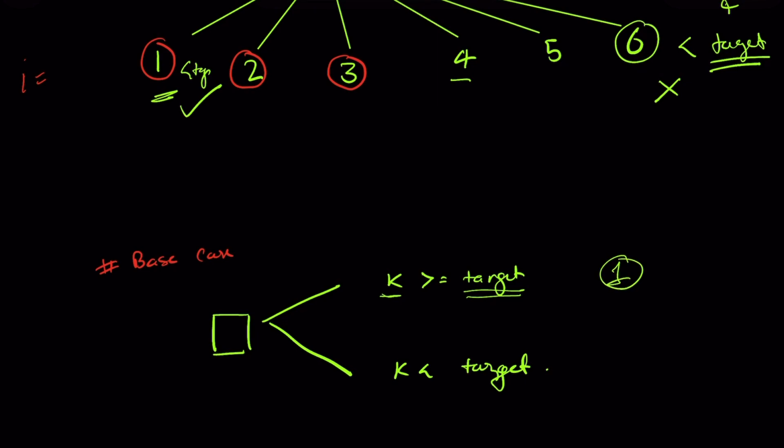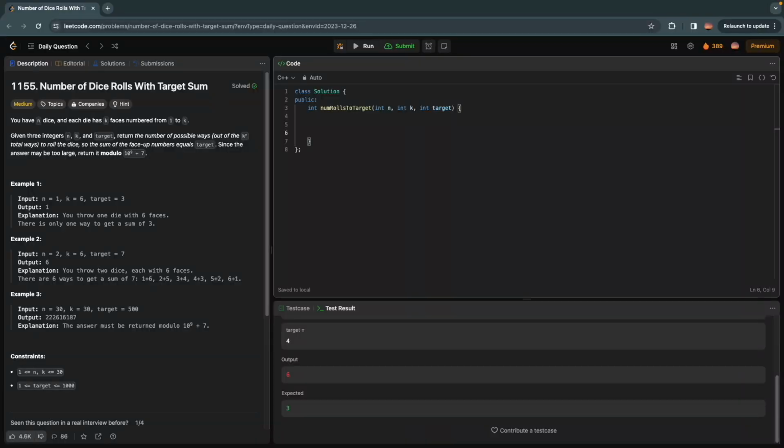So from one roll, if the target is achievable, the number of ways to get it is only 1. And if k is less than target, then the output should be 0, because we cannot achieve that. So effectively what we have done here is created a subproblem and a base case, and then we can solve it recursively. To reduce the time complexity, we can use memoization for storing the redundant cases which we have solved previously. So let's look at the code recursively.